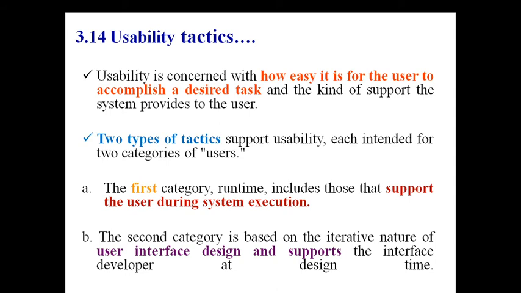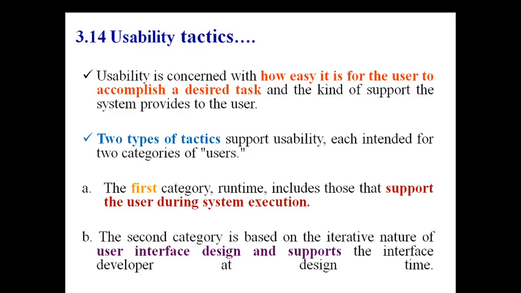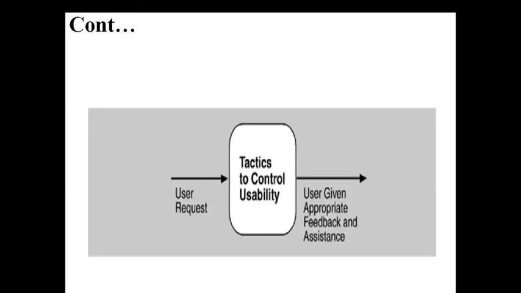At design time we have to think of tactics by which the user can feel flexible, for example portability issues and graphical interface, meaning the presentation of your output to the user and the effectiveness of that output. All these are dealt with in the second type. First at the time of execution, next at the time of the interface design. And in the tactics diagram, the user is going to make a request.